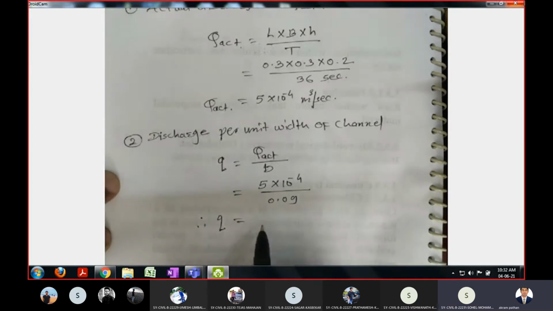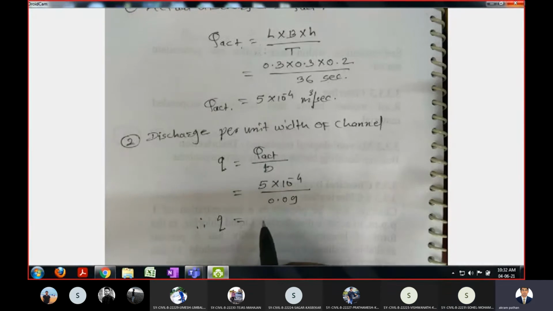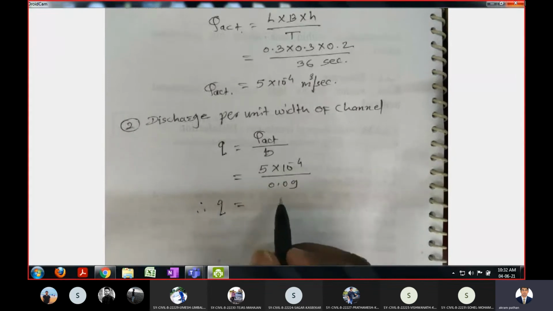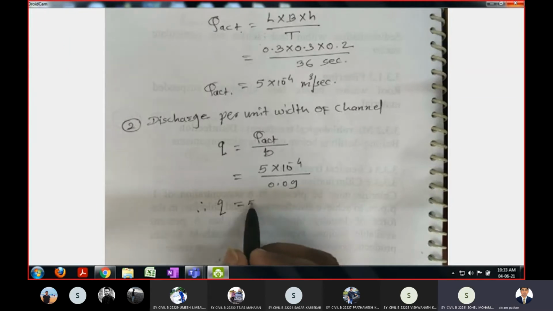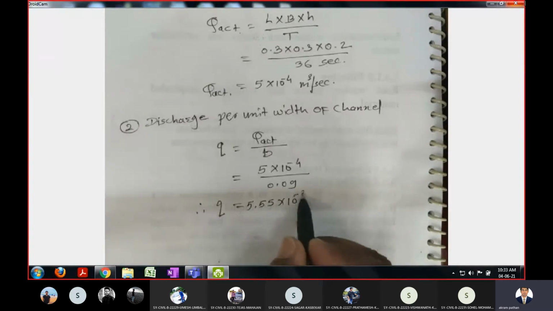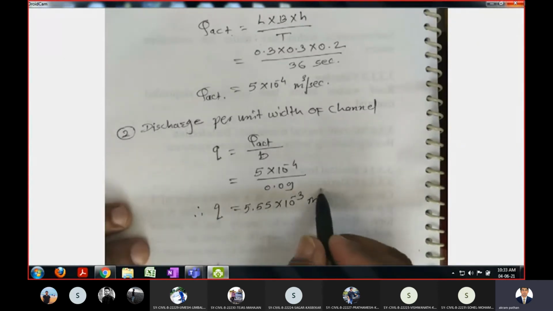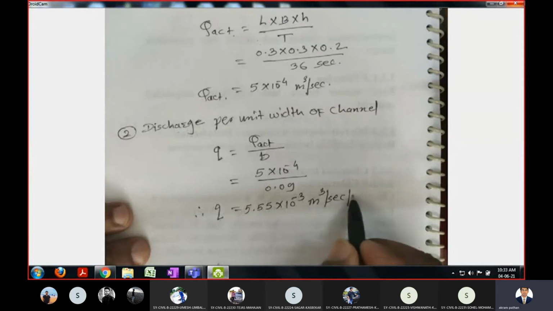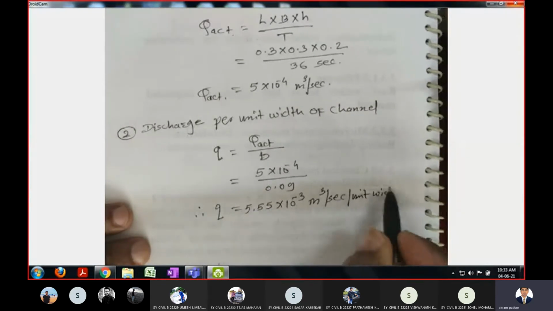5.55 into 10 raised to power minus 3. Unit is meter cube per second per unit width of the channel.